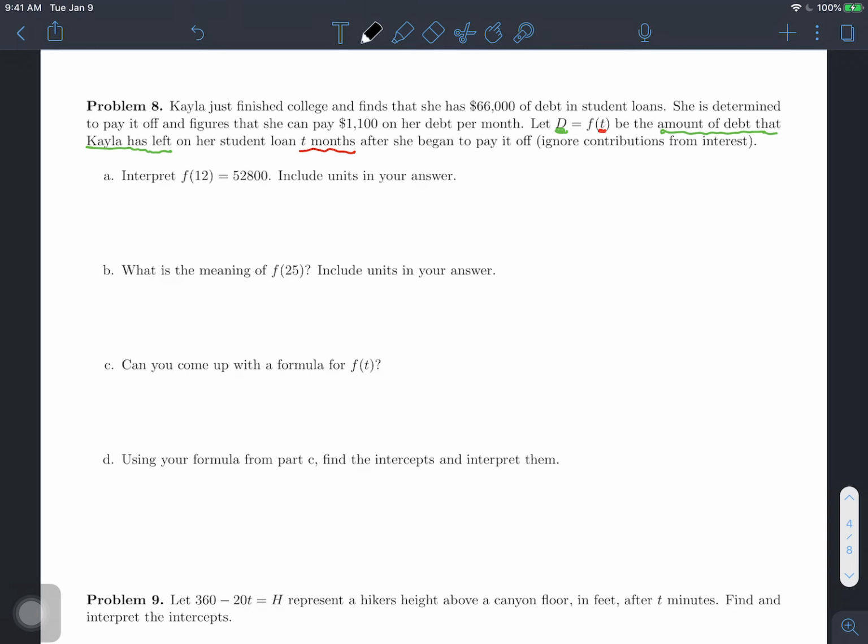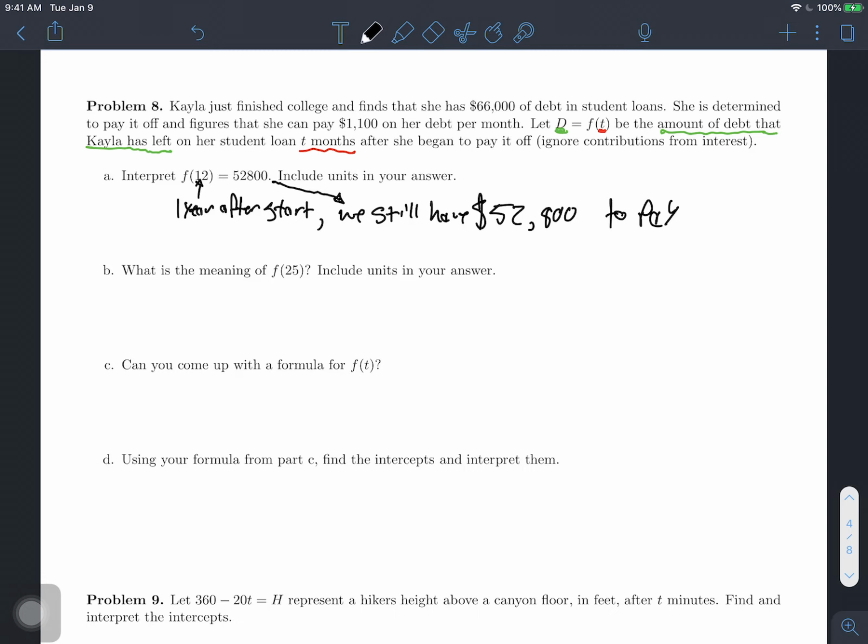So the significance of there being a 12 here means 1 year after start. And the significance of the output, which is the remaining debt, is that we still have $52,800 to pay to the bank. Okay?